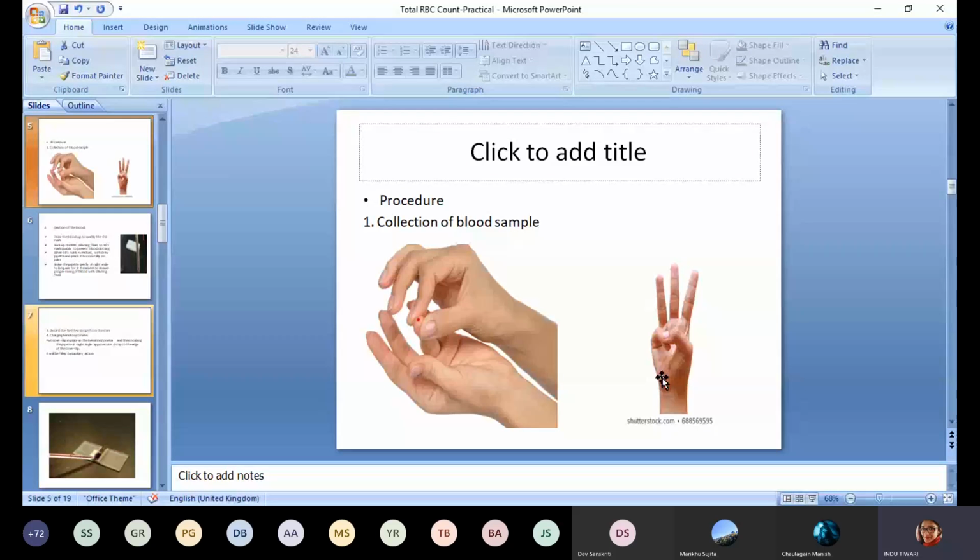All of you know the ideal protocol before pricking: to prevent contamination, you wipe your hand with a cotton ball soaked in spirit, and then you make a quick prick so as to prevent a deep puncture of the finger.